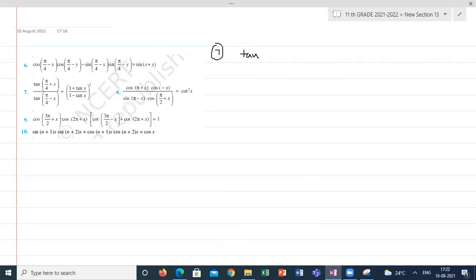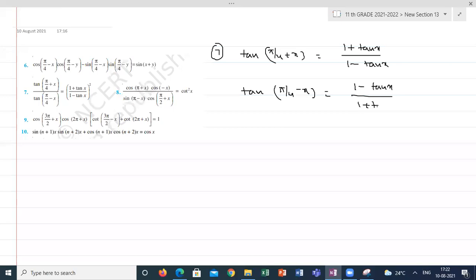We know tan(pi/4 plus x) is how much? 1 plus tan x divided by 1 minus tan x. Anyone remember this one? Tan(pi/4 minus x) is 1 minus tan x by 1 plus tan x.